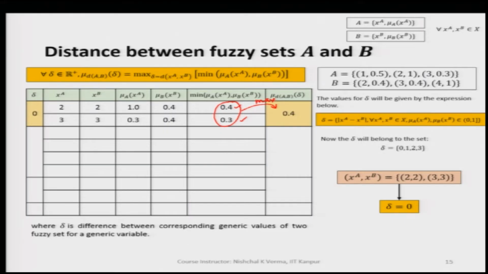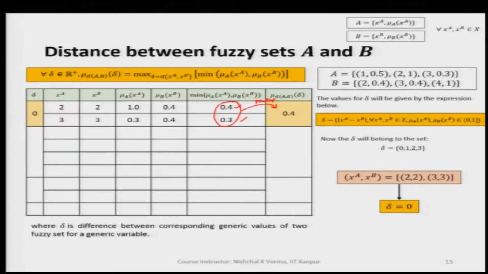Similarly, now we will move ahead and try to find if we have any combinations which lead to delta equal to 1. It may be possible that we do not find any such pairs for which delta is equal to 1.